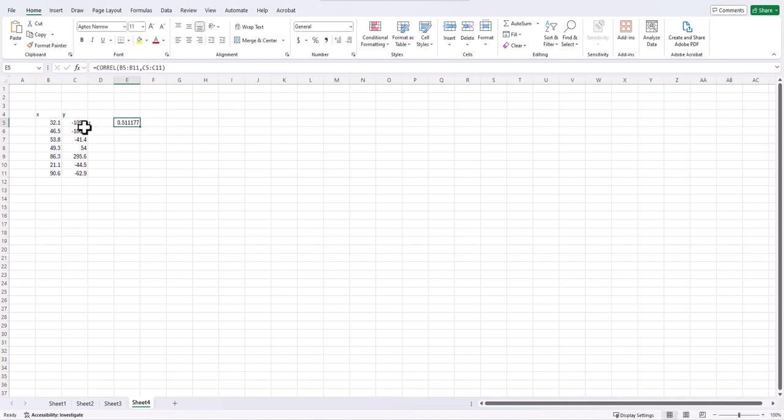So this is this. And then R squared is the other thing we were asked for. We literally just take this value here and square it. So this would be 26.1% when we input it over here.